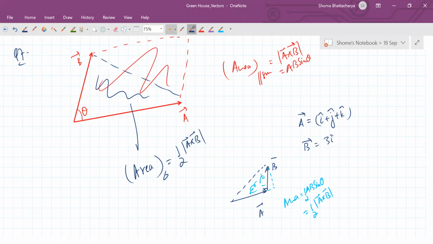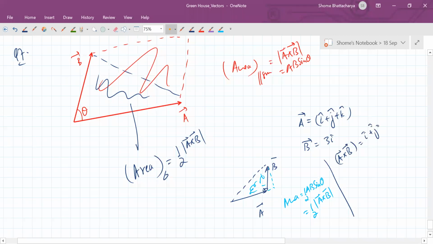So now there are many ways you can do this. Now the easiest way in this case is just do this. Here B has only one component, so it's very easy. So you see that you get 0, i cross i is 0, plus 3 j cross i. Now j cross i is what? Minus k.